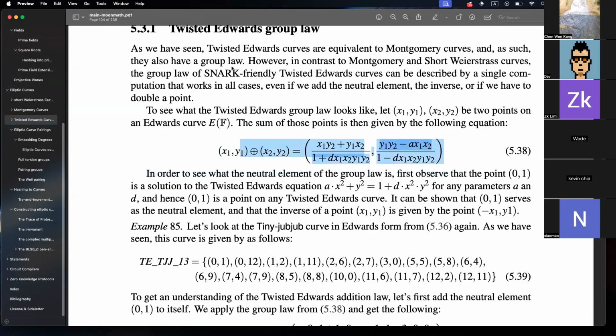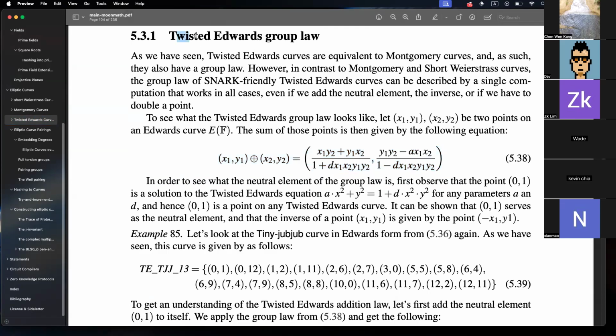It's very easy to do the group law for the Twisted Edwards curve, right? If you choose a Twisted Edwards curve, you reduce the cost when you want to apply the group law, and that helps. If you're using it for ZK or for SNARKs, it will make group addition, the group operation, cheaper.